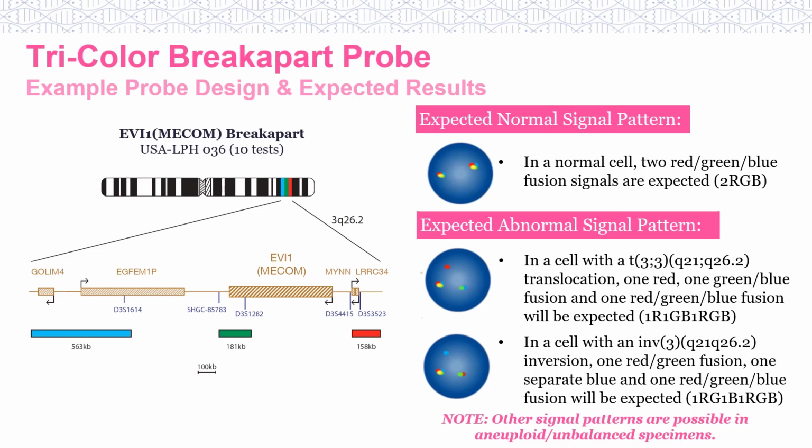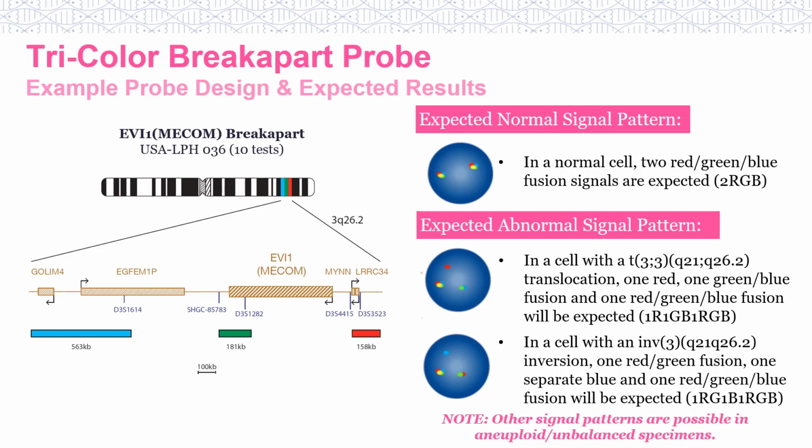For example, OGT has the only FDA-cleared probe design for an EVI1, also known as MECOM break-apart, that will detect both a gene inversion by exhibiting one signal pattern and a translocation by exhibiting another signal pattern.